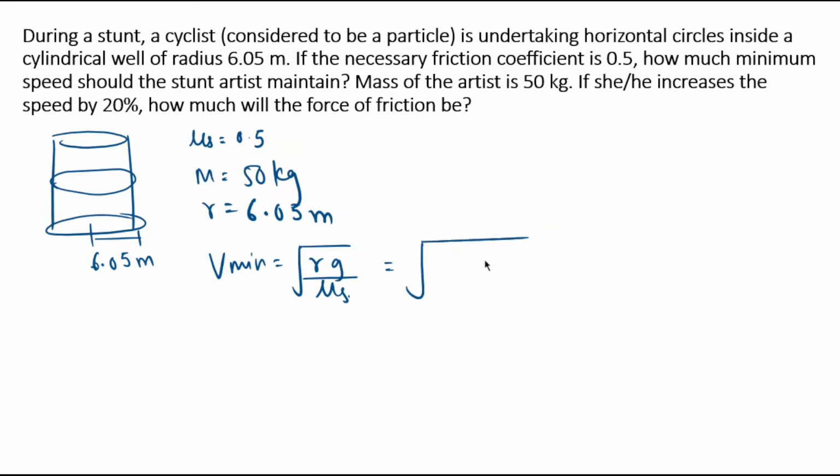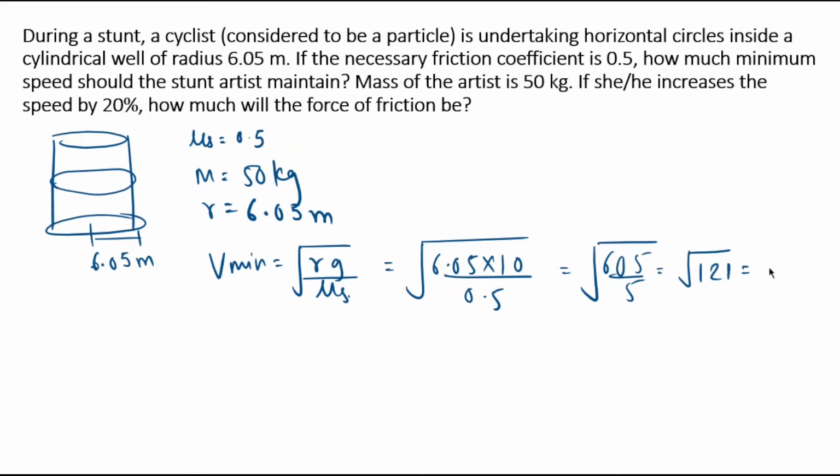So R is 6.05 and G, let's take it 10, and mu s is given to us as 0.5. Now calculating this, we get root under 605 by 5, which can be written as root under 121, that will give you 11 meter per second. So V minimum, that is the minimum speed that the artist should maintain to not fall off the horizontal well, is 11 meter per second.